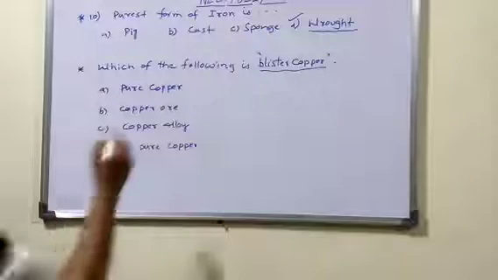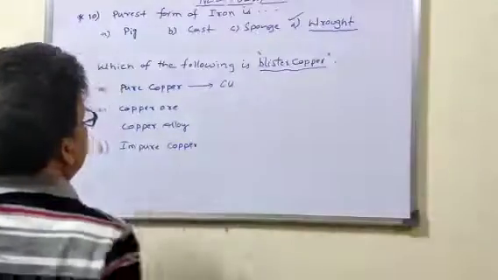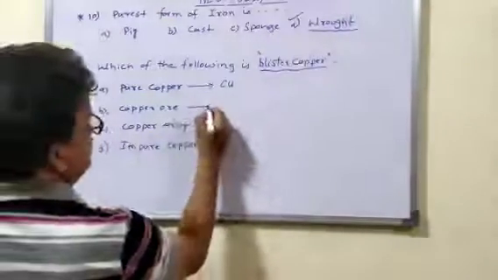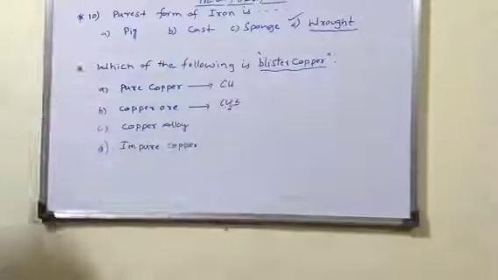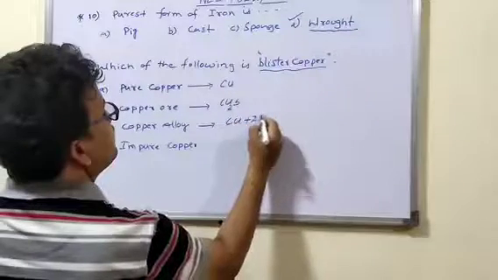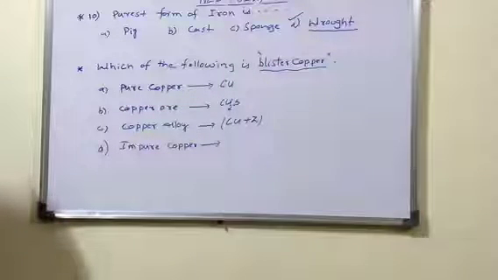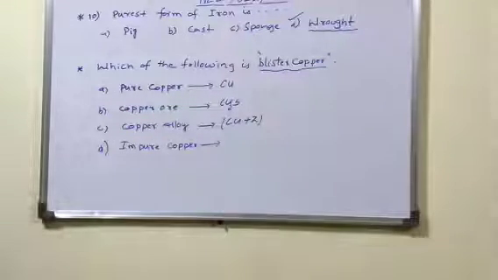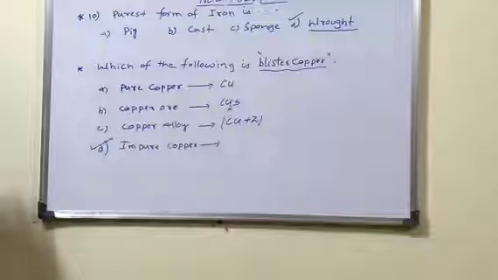Pure copper is nothing but the pure form of copper. Copper ore, we call copper sulfide. Copper alloy, copper plus zinc. And now here we have impure copper. Impure copper is called blister copper.